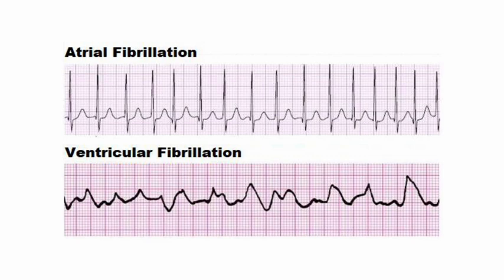And then for VFib, you notice that you don't see any discernible waveforms at all. You don't see a nice P, you don't see QRS, you don't see T, anything like that, right? Ventricular fibrillation essentially looks like just scribbling on the EKG strip. There's nothing discernible about it, right?